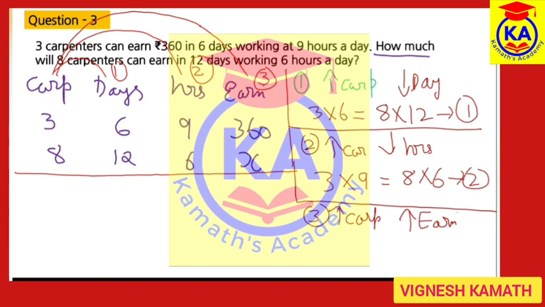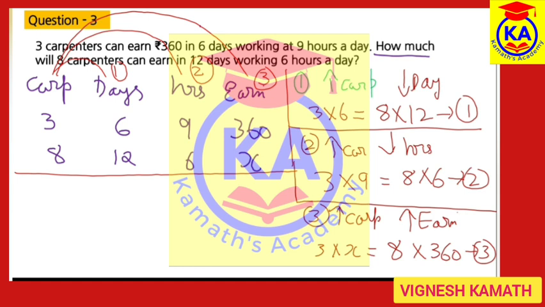I hope you are getting this logic. So carpenters and earnings are in direct proportion. When 2 ratios are in direct proportion, as per the formula, you have to do cross multiplication. So 3 into x is equal to 8 into 360. This is the third equation: 3 into x is equal to 8 into 360.